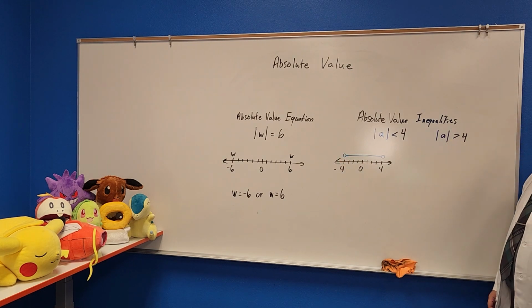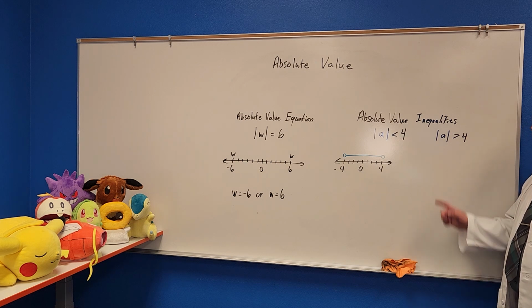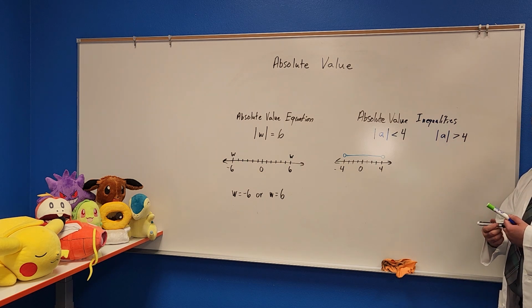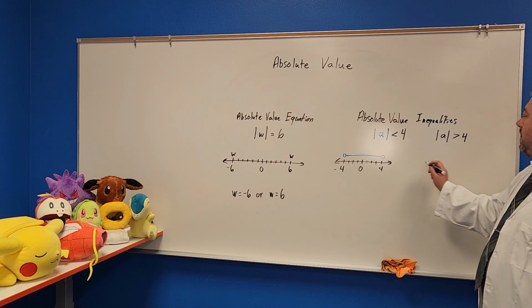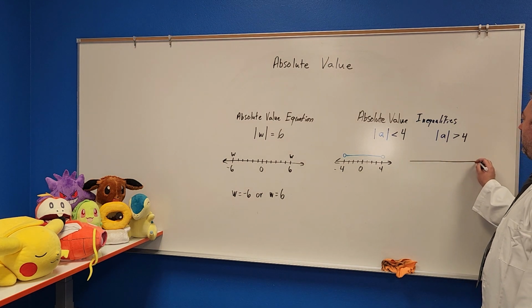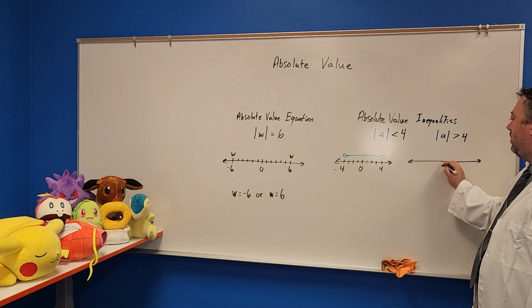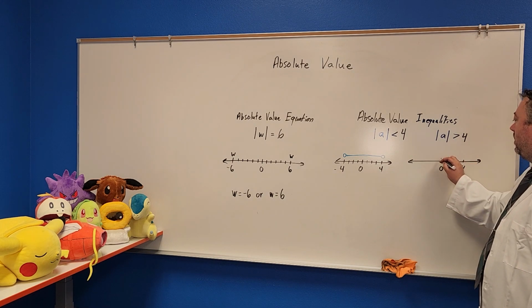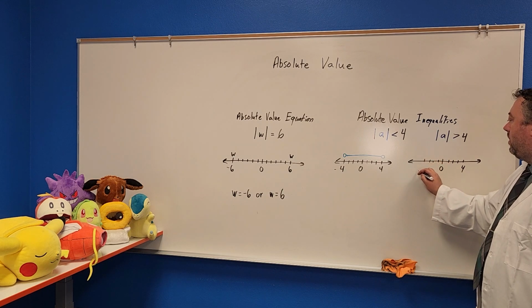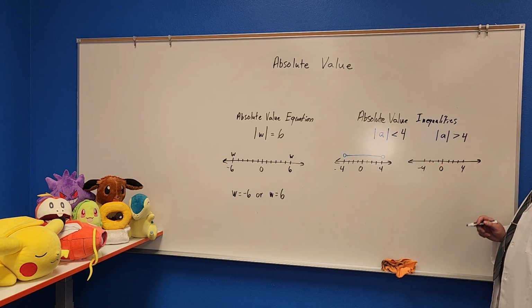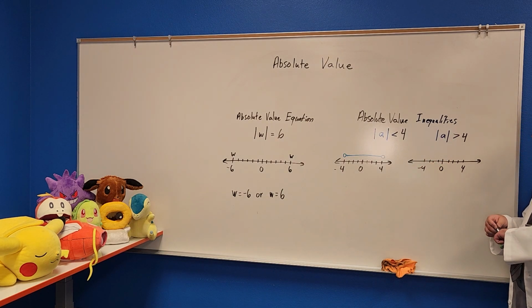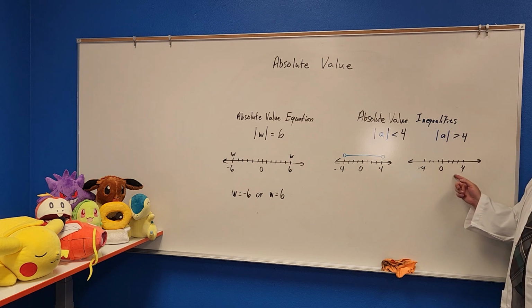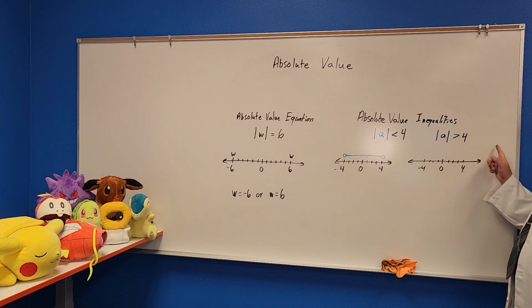Now, for our other inequality, we have the absolute value of A is greater than 4. So we're saying the distance away from 0 is greater than 4. So again, 1, 2, 3, 4. 1, 2, 3, 4. But this time, instead of being a distance that's less, we need distances that are more.